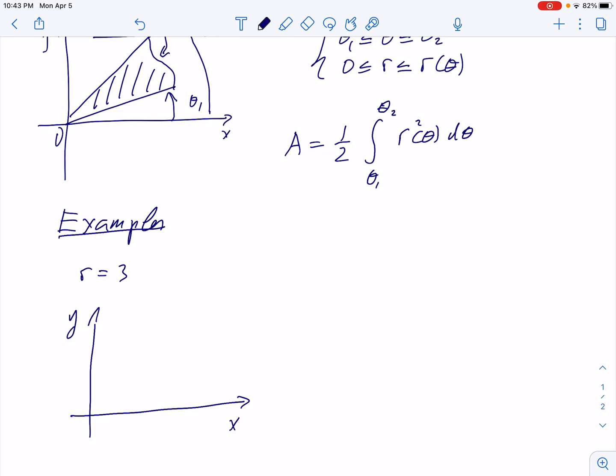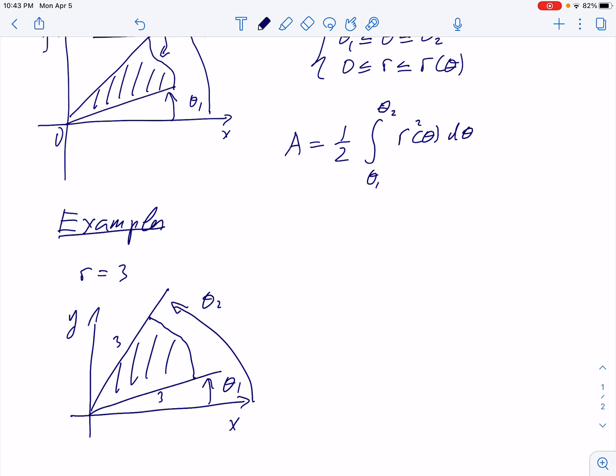And let's take two values of the angle theta 1 and theta 2. And part of the circle between these two angles, like this. So this radius is 3. And the sector has this area.